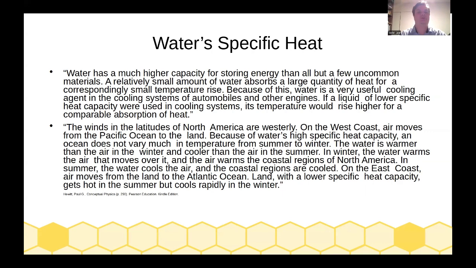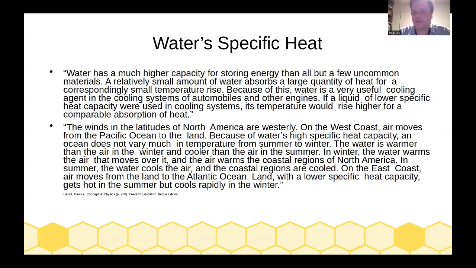It is also useful in meteorology, where the winds in the latitudes of North America are westerly. On the west coast, air moves from the Pacific Ocean to the land, and on the east coast, air moves from the land to the Atlantic Ocean. Because of water's high specific heat capacity, an ocean does not vary much in temperature from summer to winter.